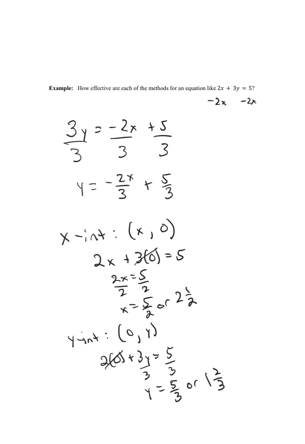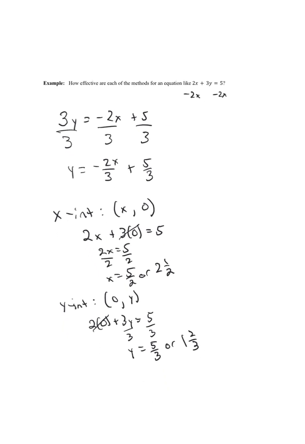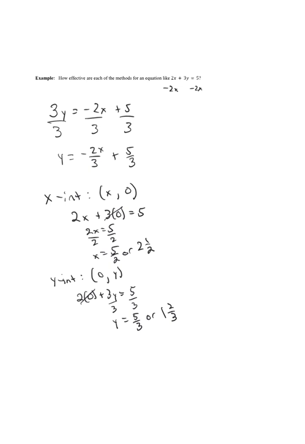Again, that's a fraction. I'm going to zoom out a little bit to draw a graph based on this. So let's go 1, 2, 3, 4, 5, and 1, 2, 3, 4, 5.